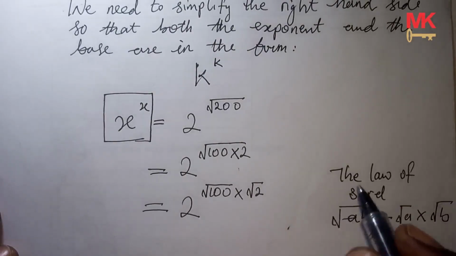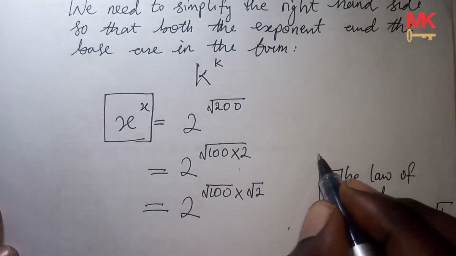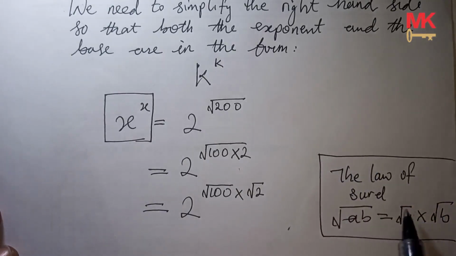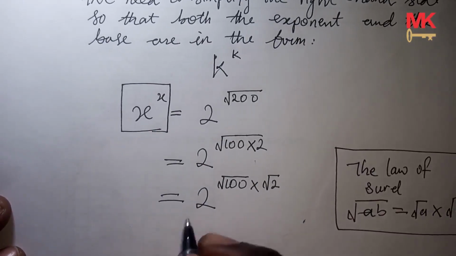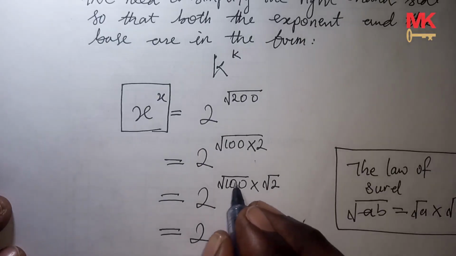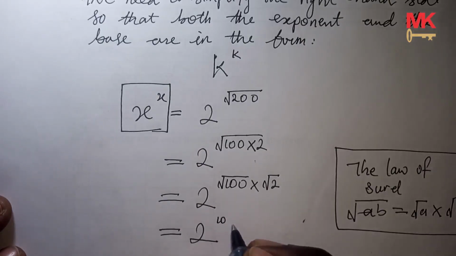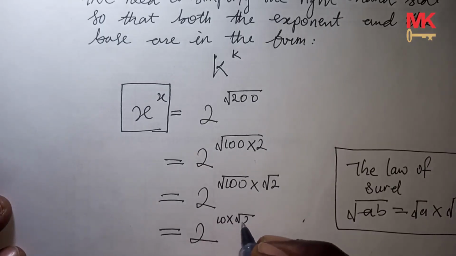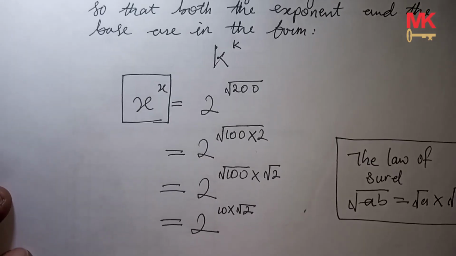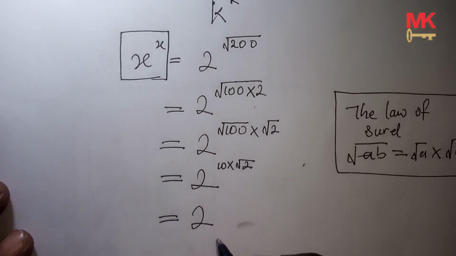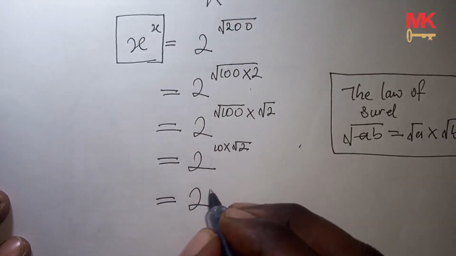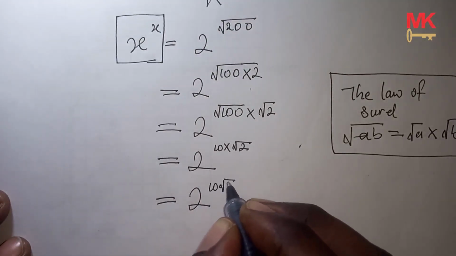So this is the law of surd. Let's take note of this law. This law is going to help us. Now, from here, 2 raised to power the square root of 100 is 10 times root 2, so this is equal to 2 raised to power 10 root 2.